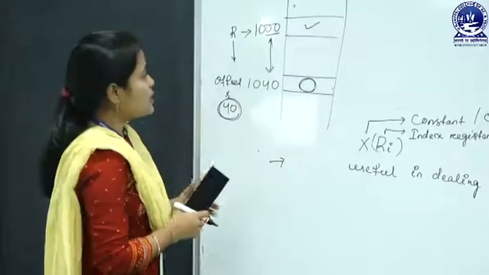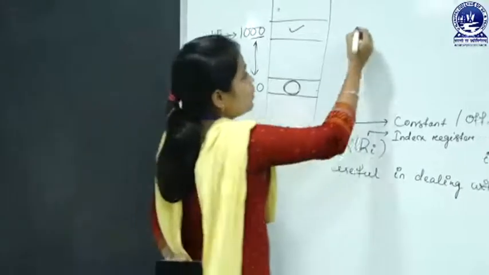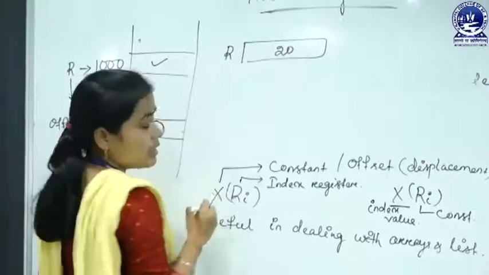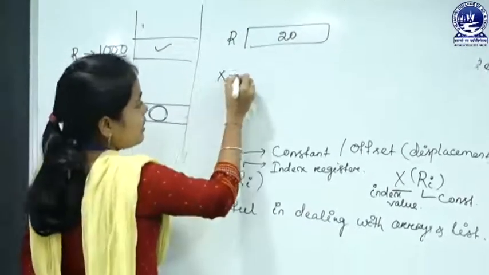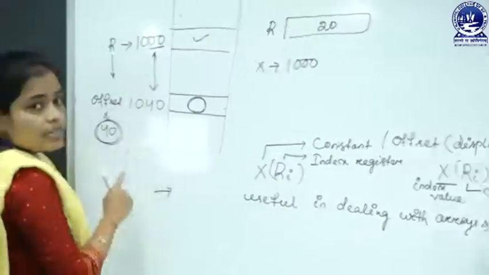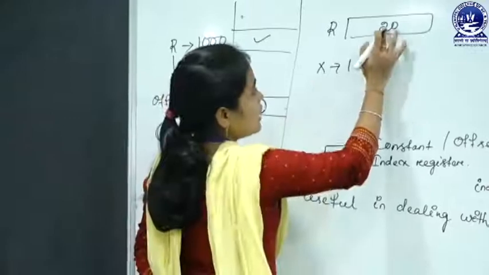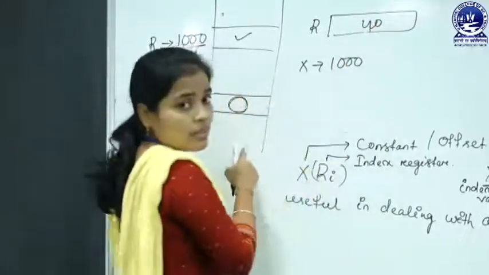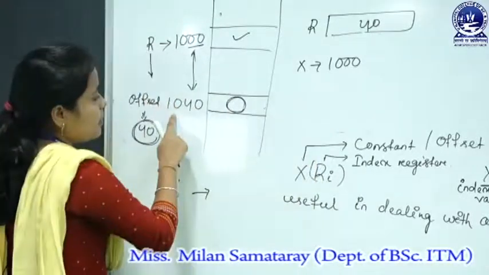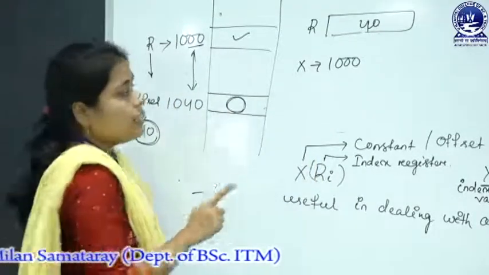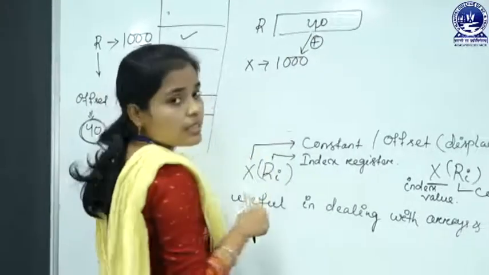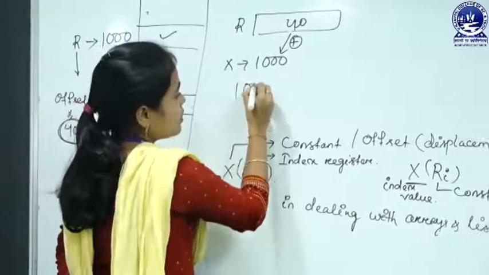But in some cases the R value may be 40, somewhere else, and the X value points to 1000. If I take this example, let the R value be 40 here and the X value be 1000. To get the memory location of the operand, we also have to add these two values to get 1040.